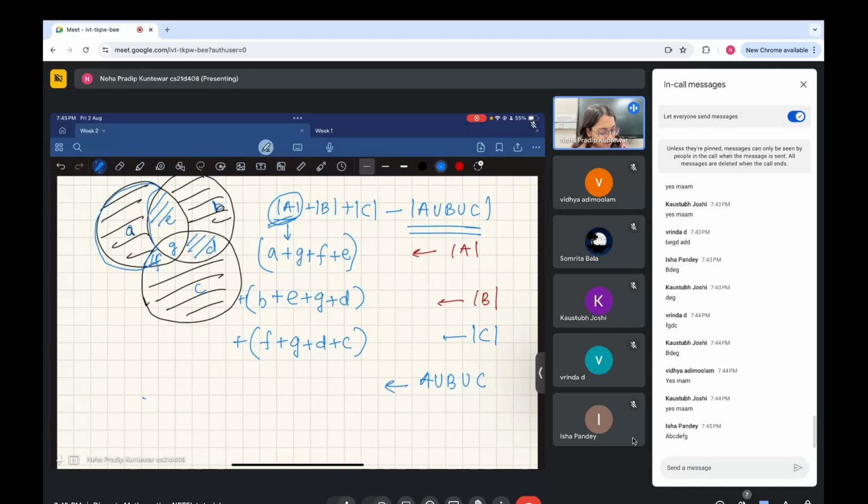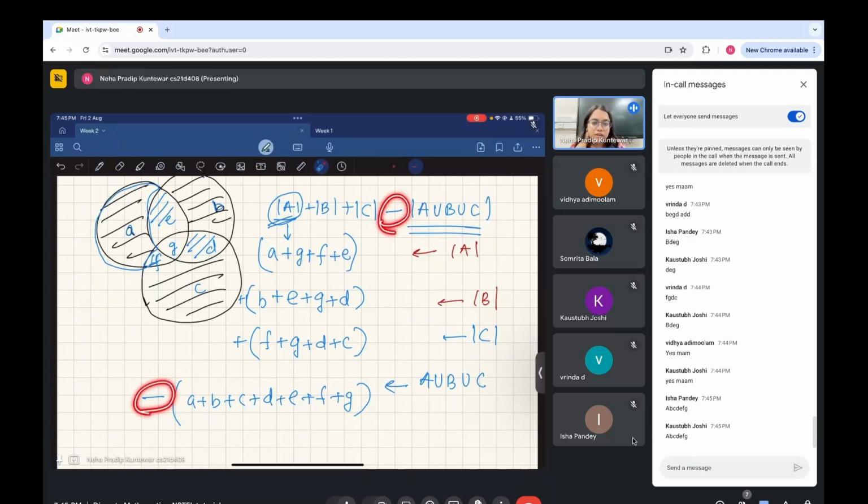Okay, so this is basically A plus B plus C and all the way up to G. So you are counting everything exactly once. That's what the union is, and I'm writing minus here because we are subtracting the A union B union C from the set.